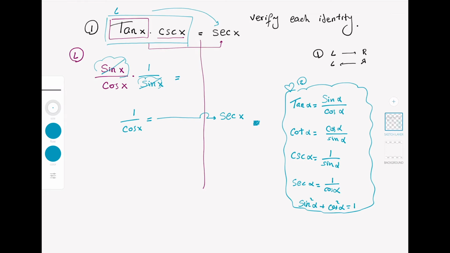Let's have another example. Secant square of theta minus 1 divided by secant square of theta equal to sine square of theta.